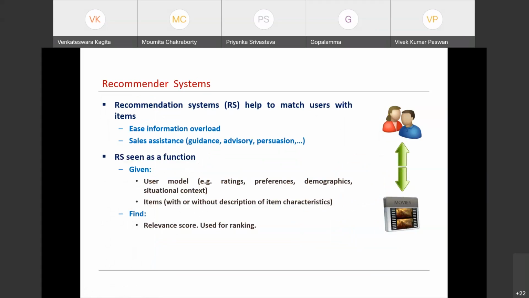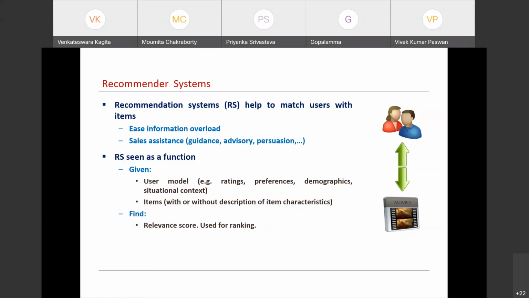Okay, so precisely, recommender systems help to match users with the items, to ease the information overload problem and act as sales assistance, right? So this can be seen as a function. The recommender system can be seen as a function that maps the items to a user.